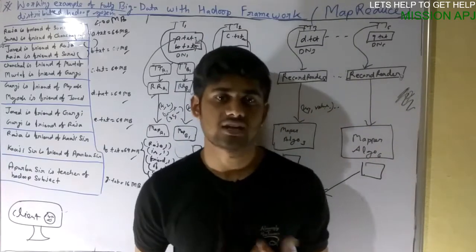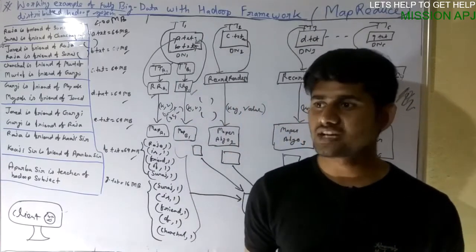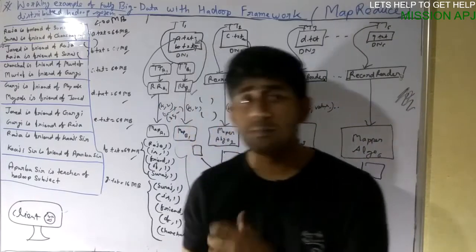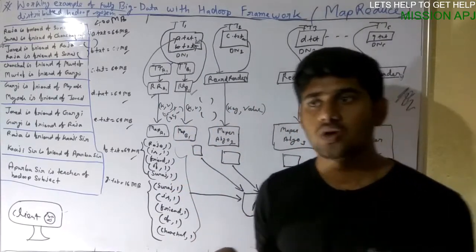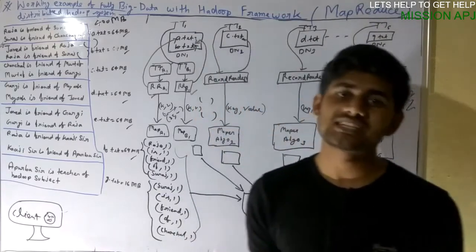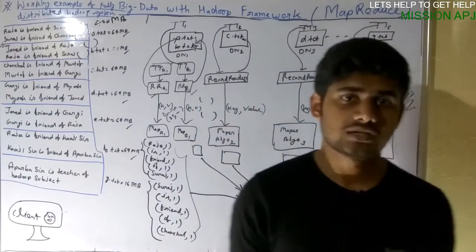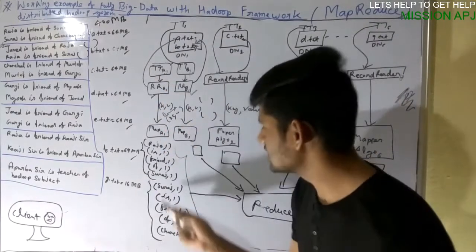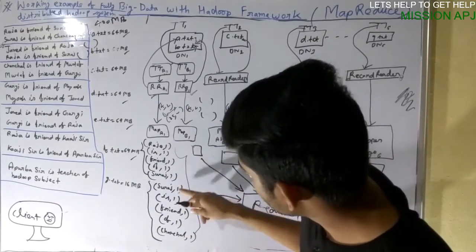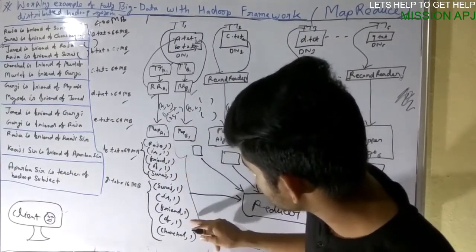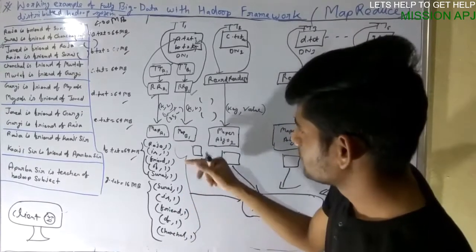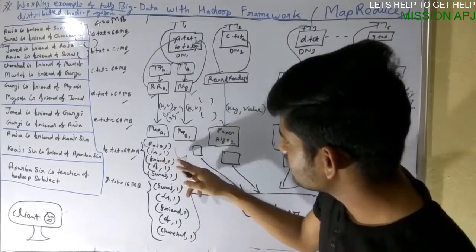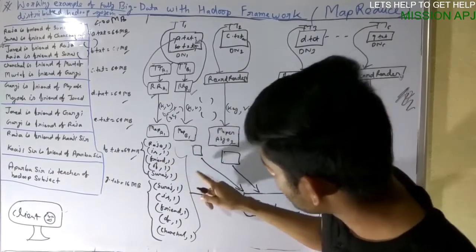sorting, not the shuffling. And what is shuffling? Shuffling is just combining all values into a collection associated with a single key. So for our data, "is" appears 2 times, and these are repeated terms. So they will be combined like "is, 2".